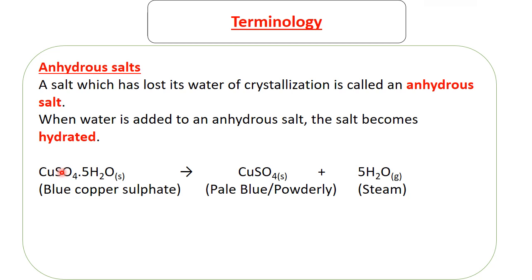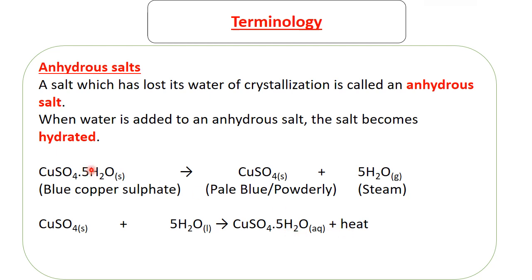This connects what we discussed in the previous type of salt, which is hydrated salt and anhydrous salts. So the opposite is true. If you take copper 2 sulphate and add water, that is 5 molecules of water, then it's going to become a hydrated salt and heat is going to be released.